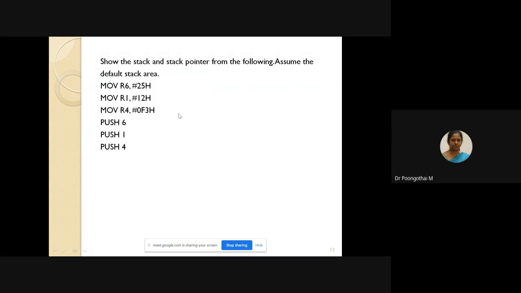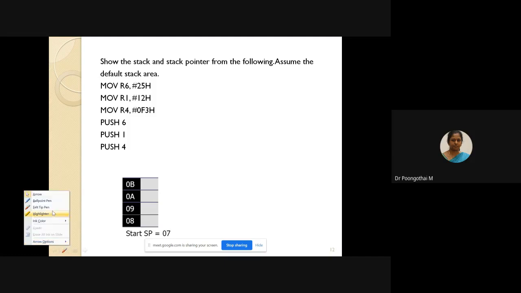So after execution, what is the content of your stack pointer and also stack? This is the memory location. Initially, the stack pointer is pointing to 07. So after execution of this, what will be the content of your stack? Please find out.